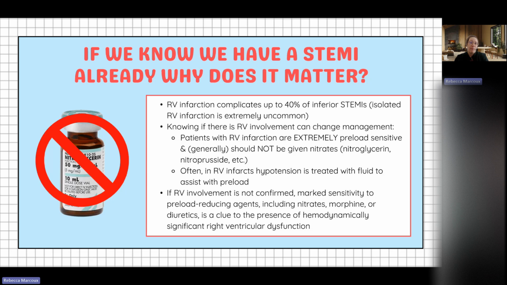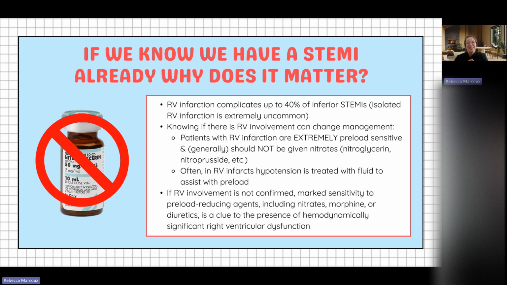And RV infarction is really common in inferior STEMIs. Having an isolated RV infarction is super duper rare, so that's generally not something we have to worry about. That's why the flag for doing our right-sided leads is an inferior infarct.